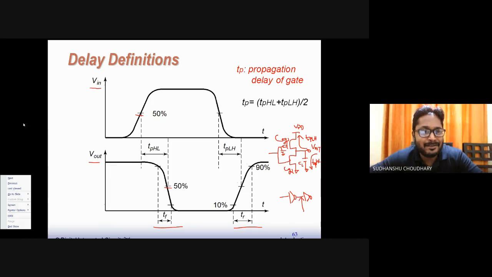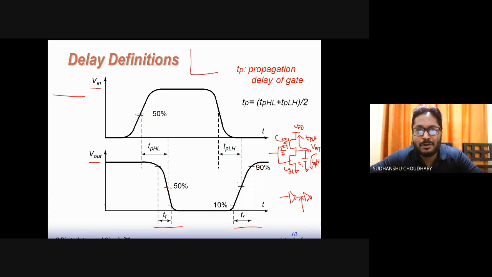See, ideally there must not be much difference, because you will see later, when we talk about how the VTC changes with the width of the MOSFETs, that there is not much change. For example, if you change beta or the W by L ratio of the MOSFET, the capacitance values also change.